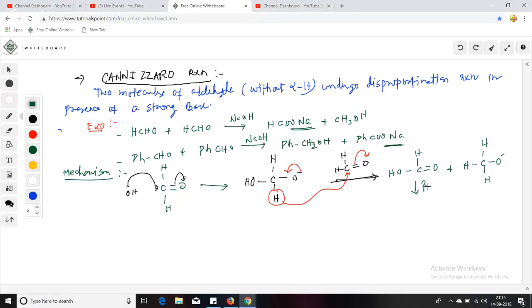When proton exchange takes place from this, it forms O negative, C double bond O, H plus HC, HOH.